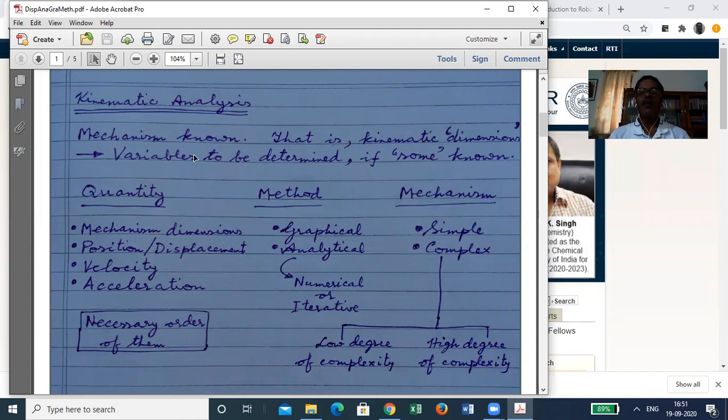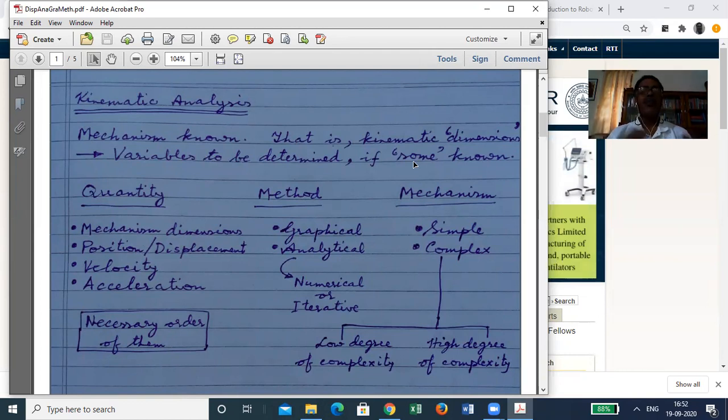Variables means those angles and distances which take different values in different configurations as the mechanism is operated. Now variables you can determine only if some of the variables are known. Now how many are supposed to be known? That is to be the same as the degrees of freedom.